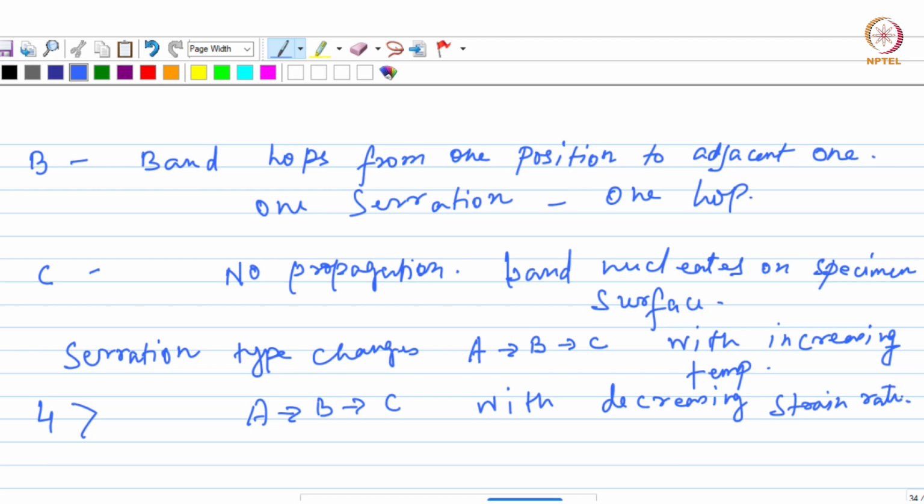These two features, 3 and 4, as to how these serration types change with temperature and strain rate can be depicted through a plot like this. Where you plot the strain rate as a function of temperature, and that gives you a straight line.